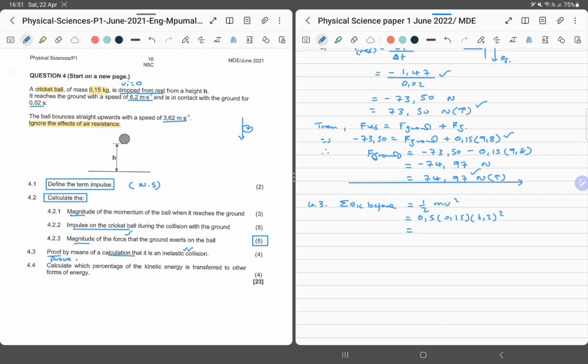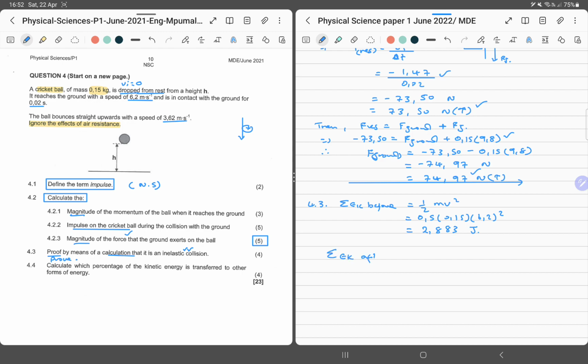I didn't square that here. So 0,5 into 0,15 into 6,2 squared. So the answer is 2,883 joules.